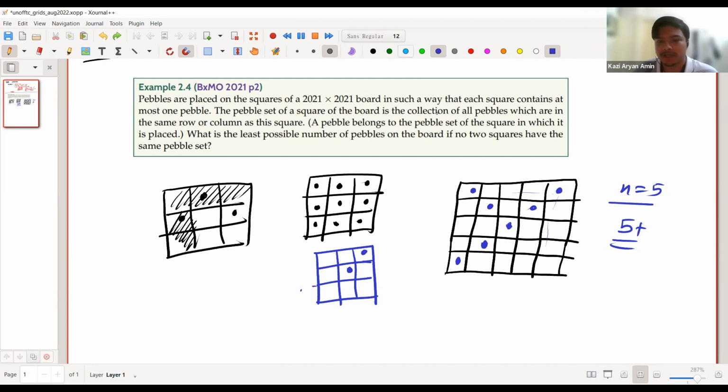So what you are suggesting is adding very few pebbles, basically. So in this case, what you said, what are you suggesting exactly? Some two have the same pebble set. I'm just struggling to find it.